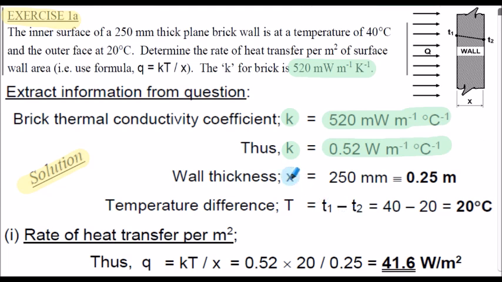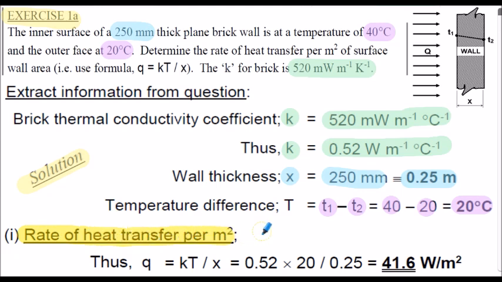The wall thickness X in the question is stated in terms of millimeters, so I convert that straight away into meters. And the inside temperature T1 is stated as 40 degrees C, and the outside temperature T2 is stated as 20 degrees C. So I can evaluate from that the change in temperature, which is 20 degrees C. So now I'm being asked to calculate the rate of heat transfer per meter squared.